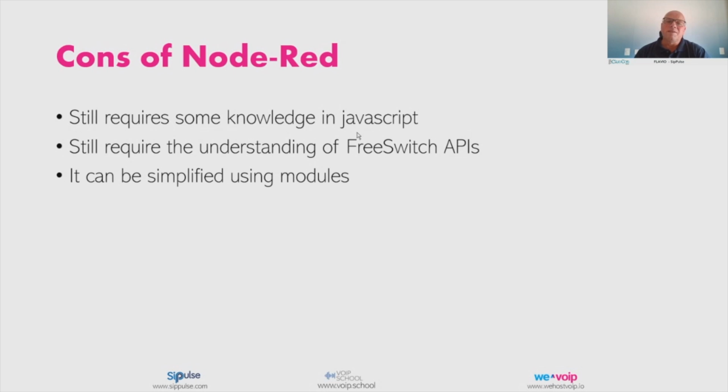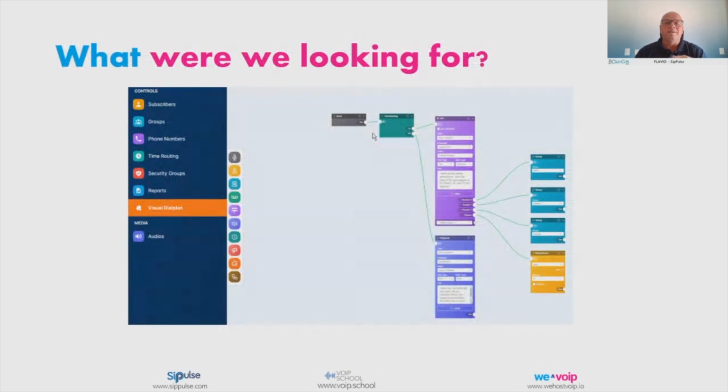However, we needed a little more customization on the interface, and we needed to make it simpler for the user. Then we decided to build our own editor and interpreter. This is what we are looking for. Maybe next year, we're going to talk about how to build the editor, JSON description language, and how to create an interpreter to run your own visual programming.